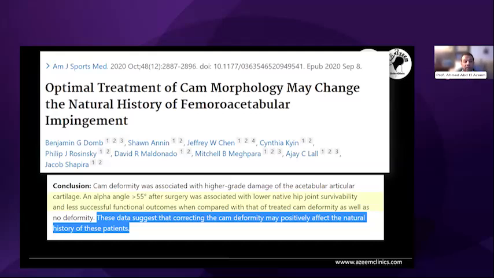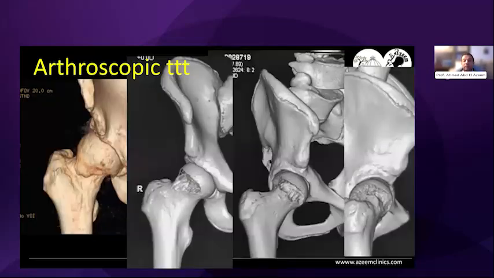In this review, an alpha angle of more than 55 degrees after surgery was associated with lower native hip joint survivability. This data suggests that correcting the cam deformity may positively affect the natural history of these patients. So we insist on proper cam excision. This is your target during the surgery.